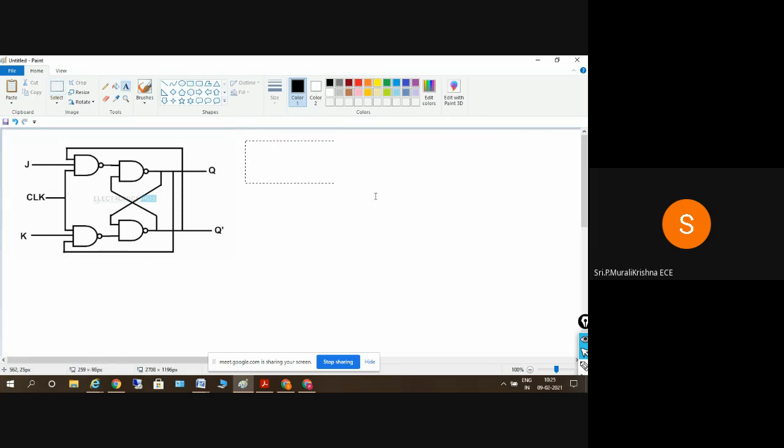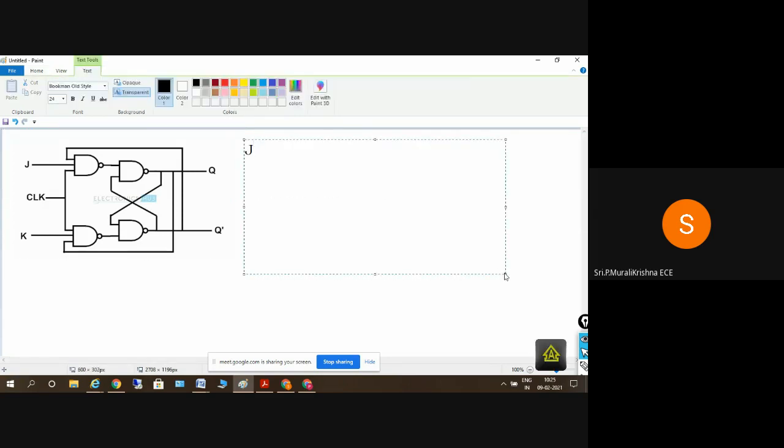This is a JK flip flop. Just like the set reset flip flop, we have the JK flip flop. S is like J and R is like K. In the SR flip flop we have names, but here we don't have any names. It's just a JK flip flop.